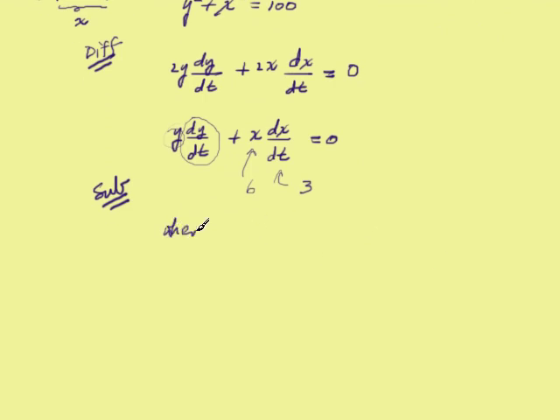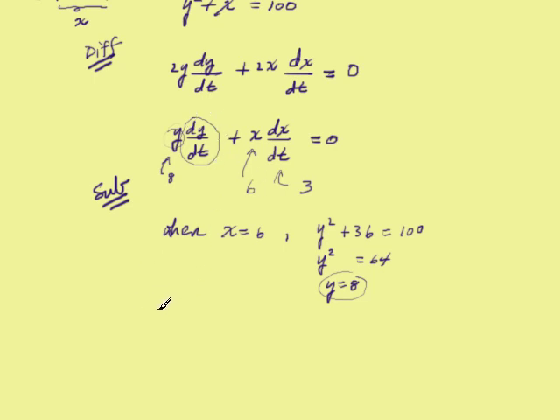First, when x equals 6, we have y squared plus x squared, that's 36, is equal to 100. So subtracting 36, y squared is equal to 64, so y is equal to 8. All right, so now we can substitute 8 for y right here. Now the only thing left is dy/dt, and we'll solve for that.